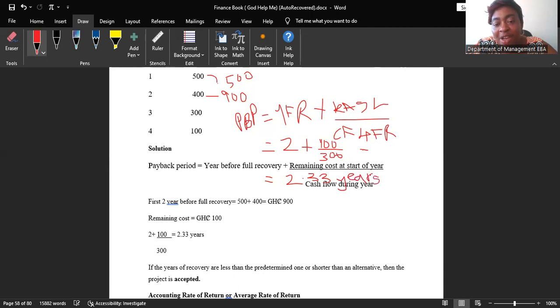So that is the payback period. And so it means the remaining amount is 100, and our concern is the number of periods it takes us to cover the amount. Are you okay?